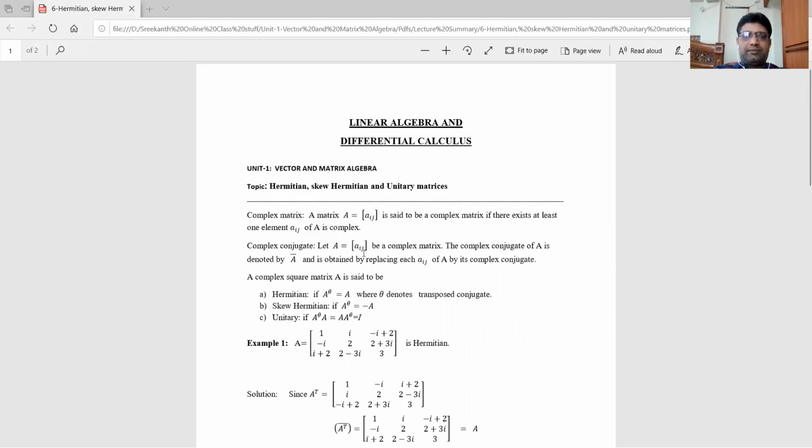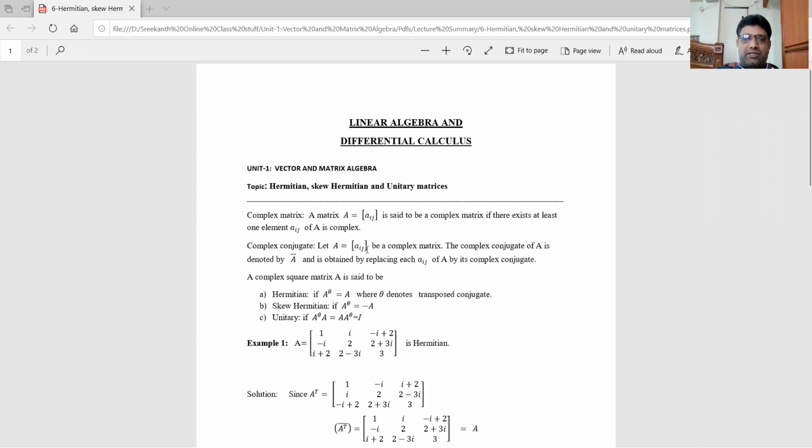Like in complex numbers in our intermediate, we write Z equals X plus iY, and Z bar we write as X minus iY. Similarly, in matrix notation, the complex conjugate of A is A bar, and it is obtained by replacing each entry of the matrix by its complex conjugate.